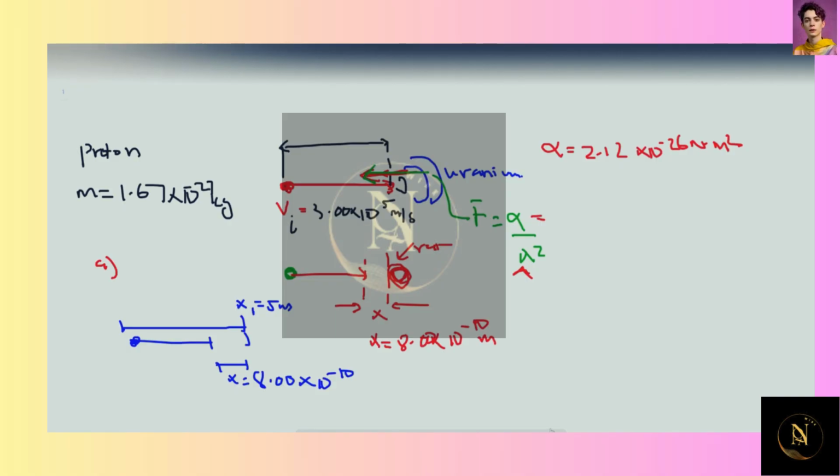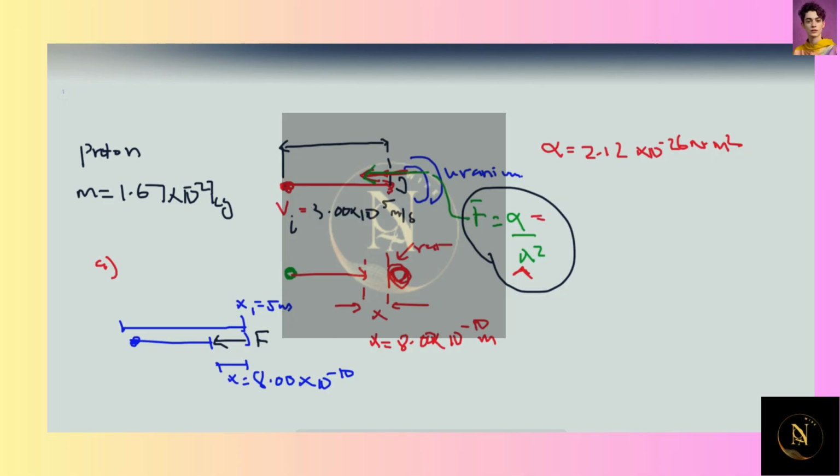So what's the speed? We want to know the speed of the proton when it is at that distance from the nucleus of the uranium. Remember, there's a force that's pushing this way from the uranium, and the force is given by that function right there.